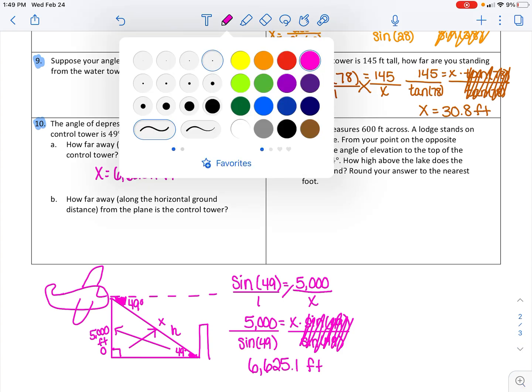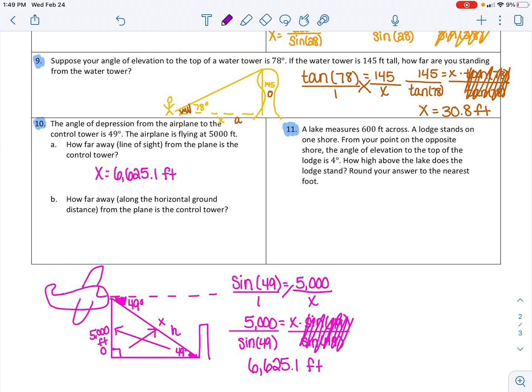Okay, now for part B, since there's two parts to this one, it's asking how far along the horizontal ground distance. So now it's wanting us to find that purple part at the bottom. Let's name that Y. This time, this side is going to be my adjacent side.